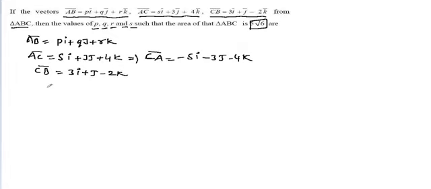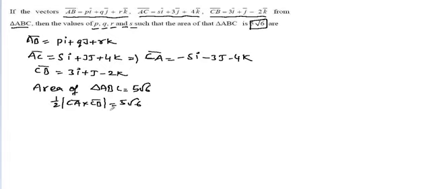We know that here it is given, area of triangle ABC is equal to 5 root 6. Area of the triangle ABC means half of the modulus of CA bar cross CB bar is equal to 5 root 6.